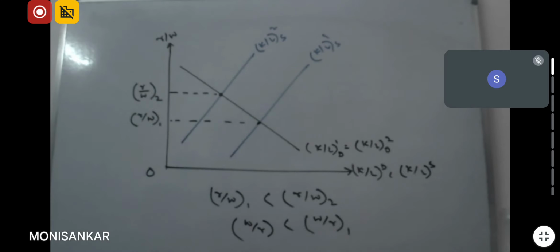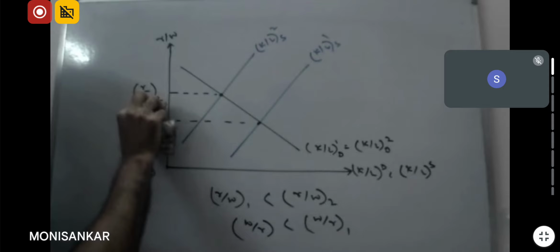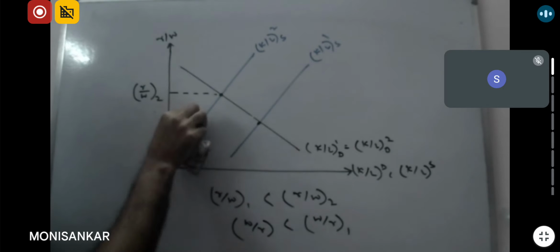Okay, so we can easily find out the pattern of trade. But the problem is that in this example, we consider the relative demand is identical. Suppose the relative demand is not identical.